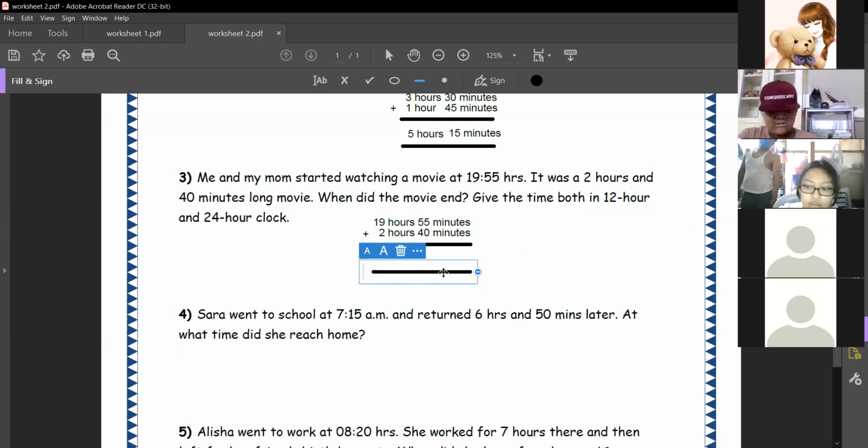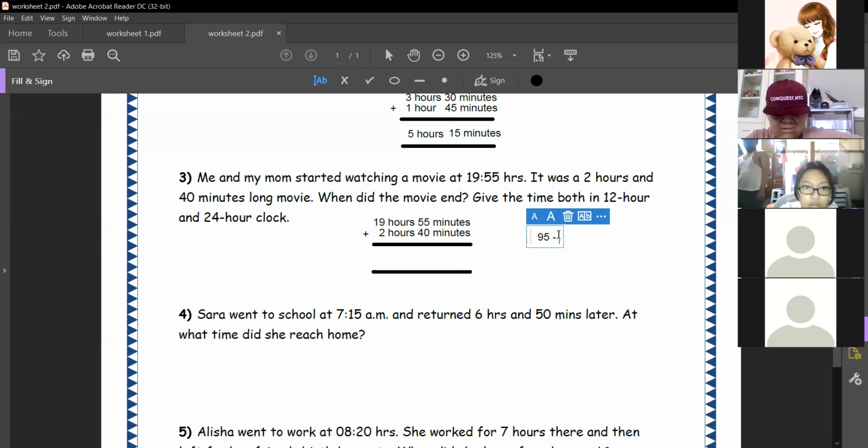So 95 minutes. Can I put 95 minutes here? Totally wrong. How can I put 95 minutes here? 95 minutes is more than 60 minutes, so you have to minus 60 minutes. So you should get 35 minutes, correct? Yes.